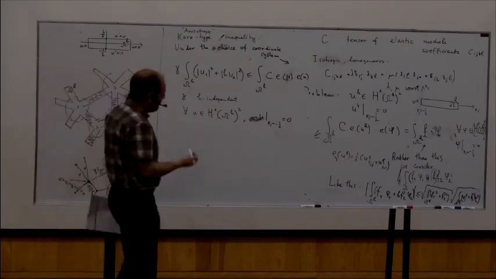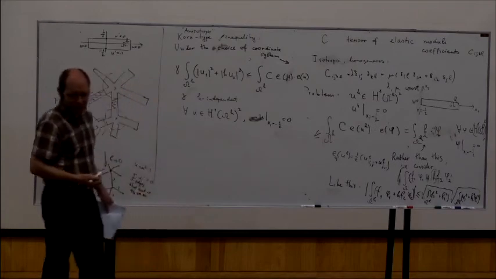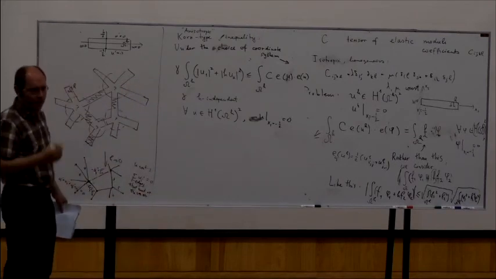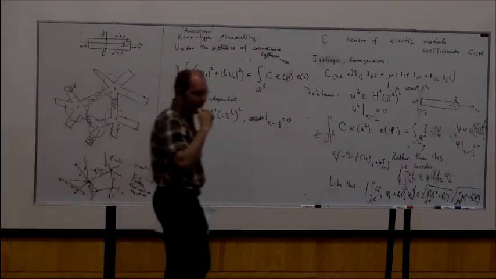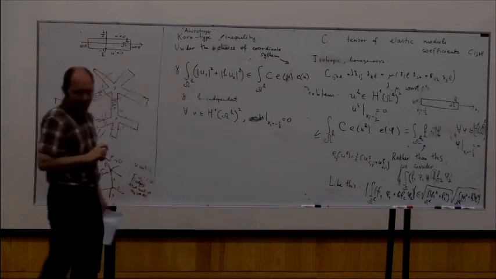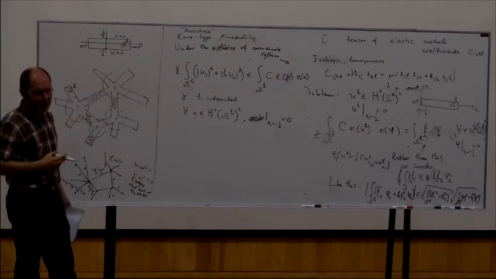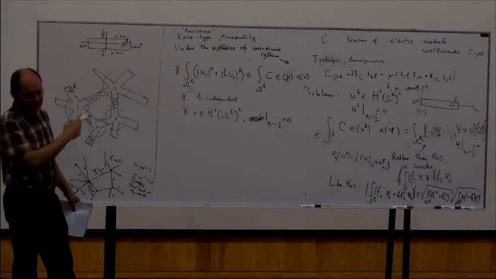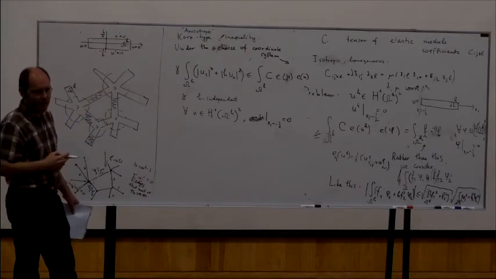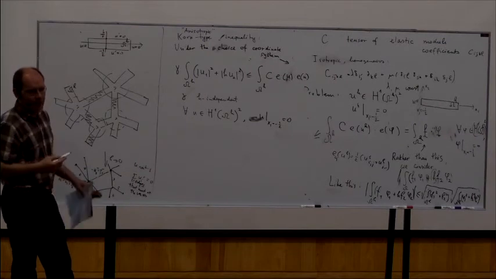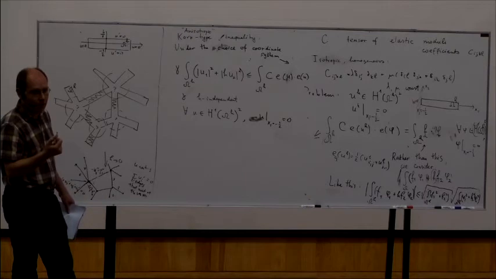But how do we prove this? The proof of this is non-trivial. You can no longer prove this by the simple spectral analysis argument that we had in the scalar case. Remember how we proved the Poincaré inequality in the scalar case?